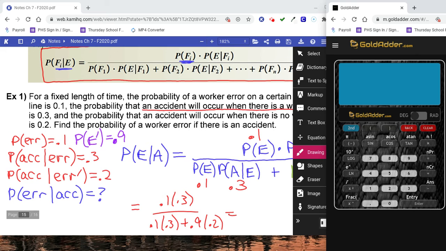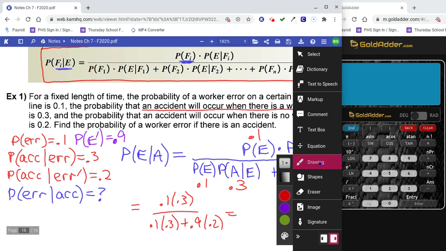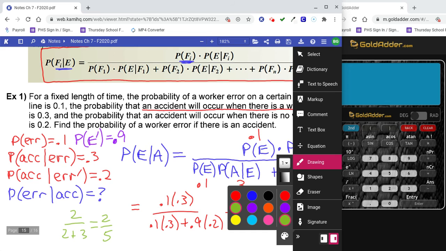That's a great idea, and I'm sure you're not the only one that has that idea. But if you think about it, in algebra, if you had 2 over 2 plus 3, that's 2/5, right? You can't cancel that and say that it's 1/3. That's not how canceling works.